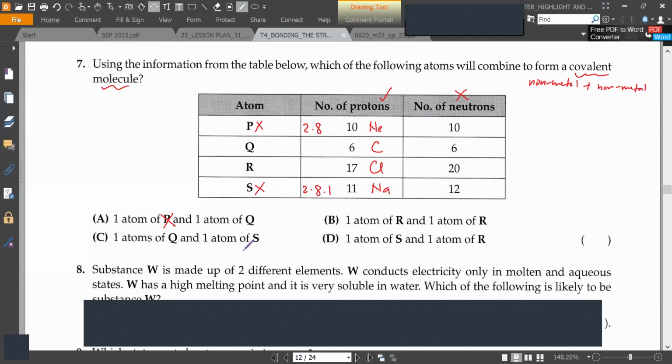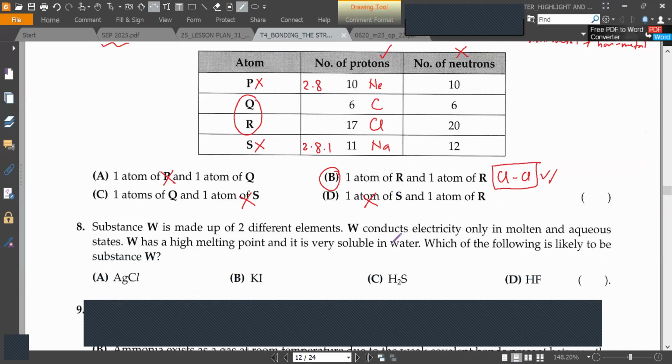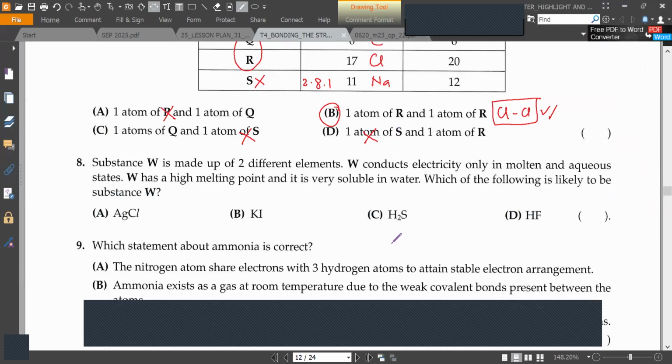So it's either Q or R, and our answer will be B. R and R, so Cl2, single bond. So this is a covalent molecule.